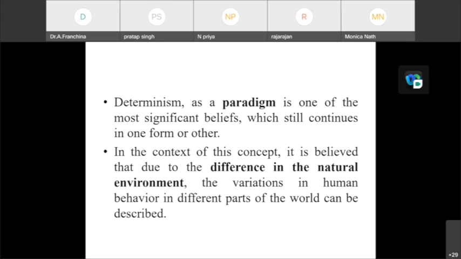What people practice in a polar region, are we practicing that in the tropical region also? Yes or no? My question is clear. Yes, it is varying.